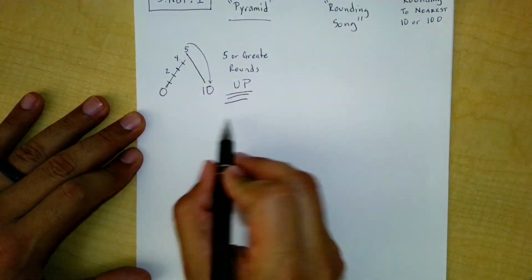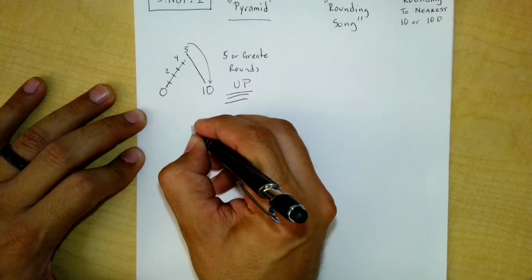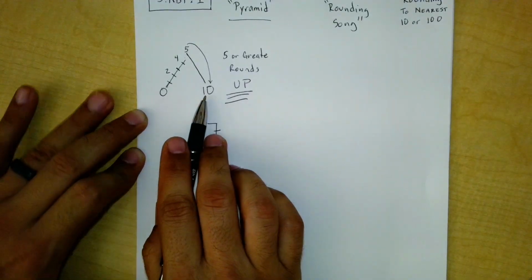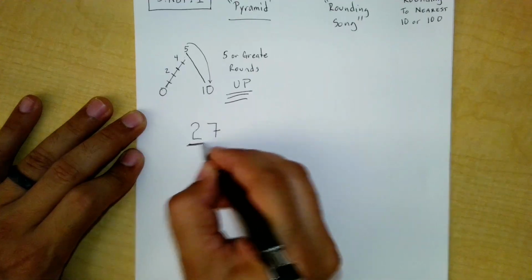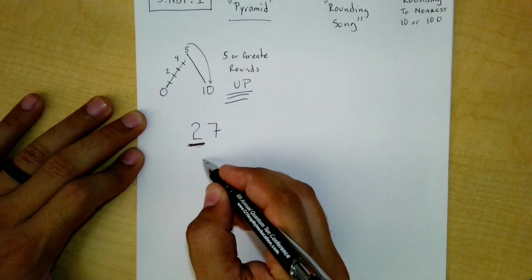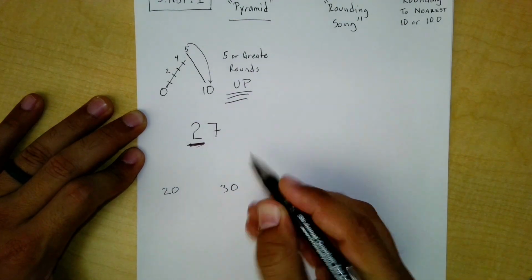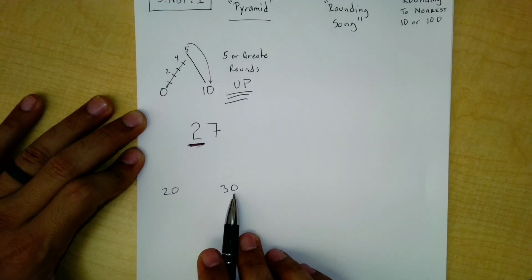Now, if we are trying to round a number like, let's say 27, well, that's more than 10, so that doesn't fit on this pyramid. So we're trying to round to the nearest 10, so we're going to round between 20 and 30. Okay, 27 falls between these two 10s.